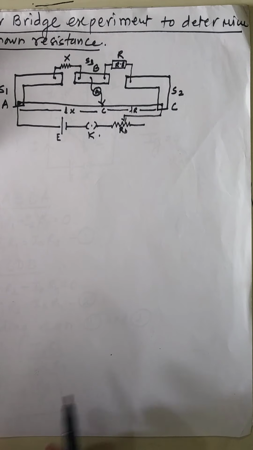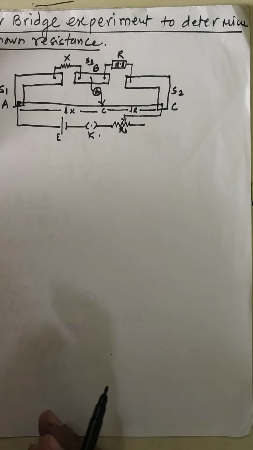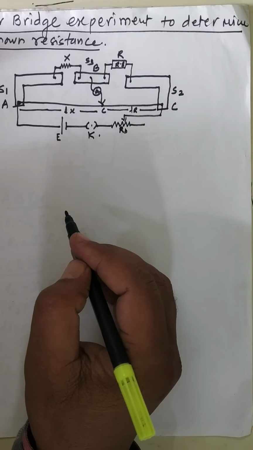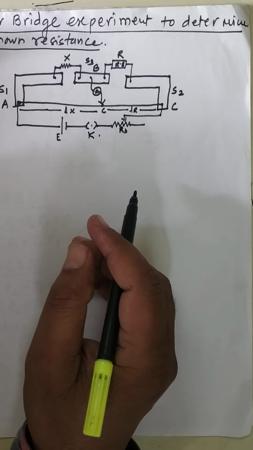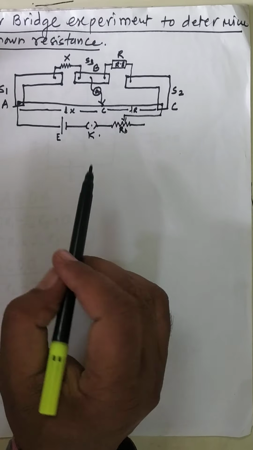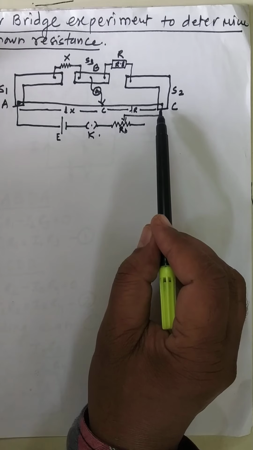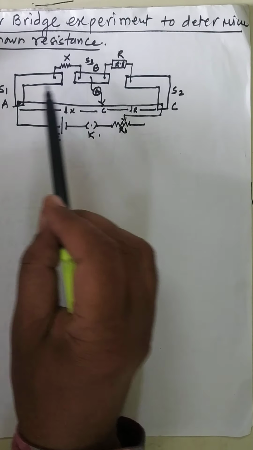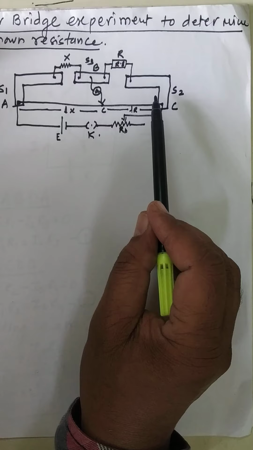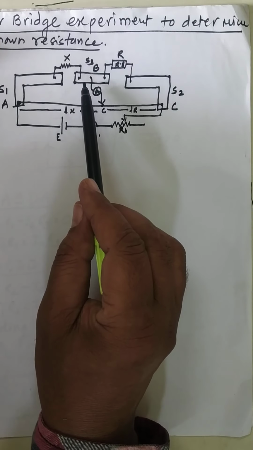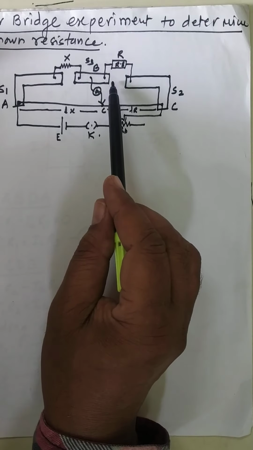So once again, why is this bridge called a meter bridge? Because here in this meter bridge, a 1 meter long uniform wire is used. So once again I will repeat this construction. Meter bridge consists of 1 meter long uniform wire AC stretched between the two copper strips S1 and S2. The third copper strip S3 is placed in such a manner that two gaps are formed.